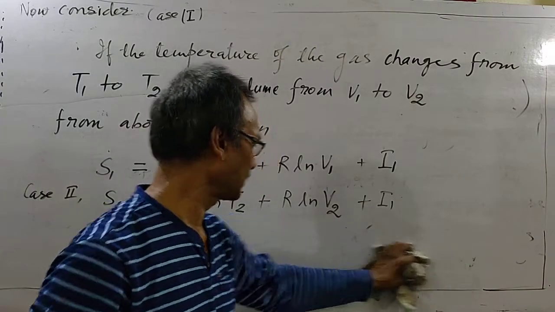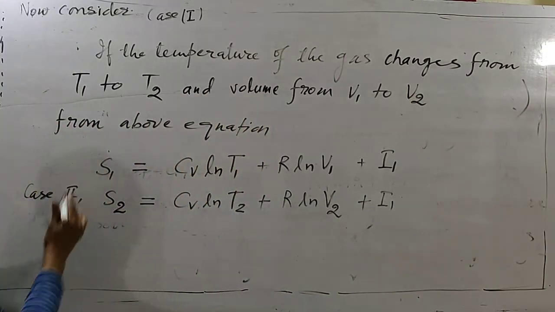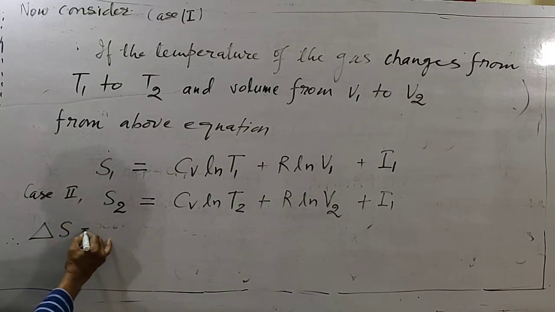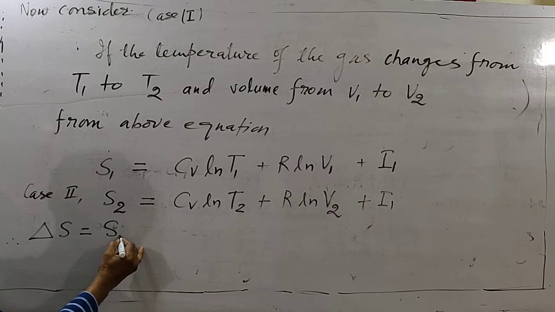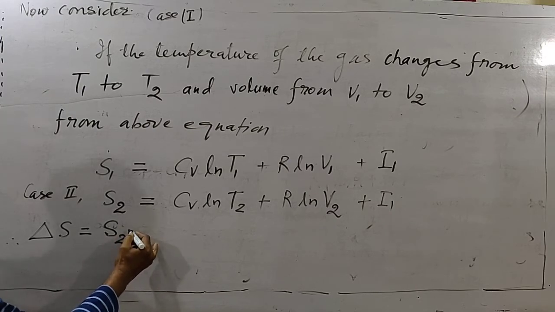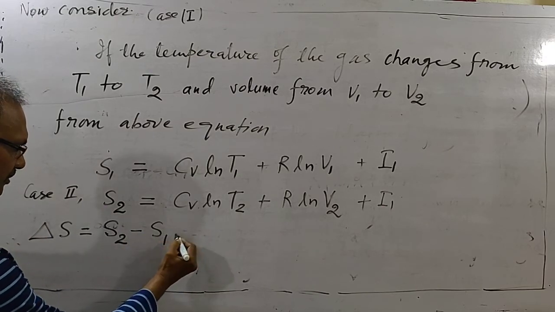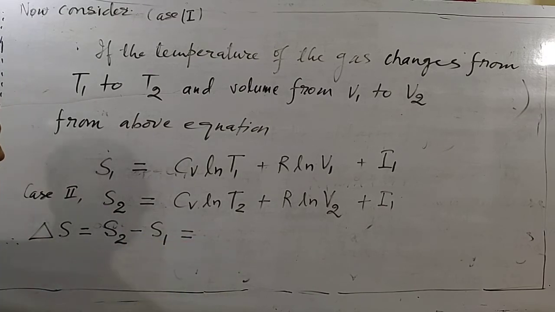Therefore, change in entropy delta S will be equal to entropy in second case minus entropy in first case, S2 minus S1.